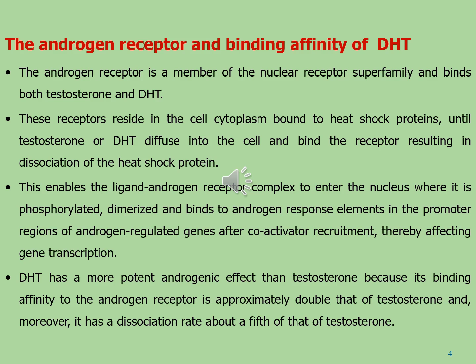This enables the ligand-androgen receptor complex to enter the nucleus, where it is phosphorylated and dimerized and binds to androgen response elements in the promoter regions of the androgen-regulated genes.